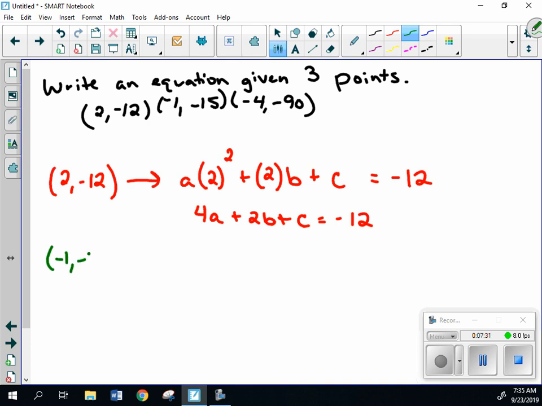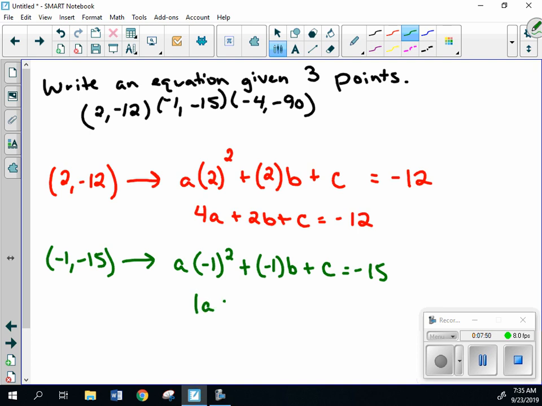I have (-1, -15). Same thing, I'm just setting it up in that ax squared plus bx plus c format in order to get some equations here. So I'm going to have 1a minus 1b plus c equals negative 15.